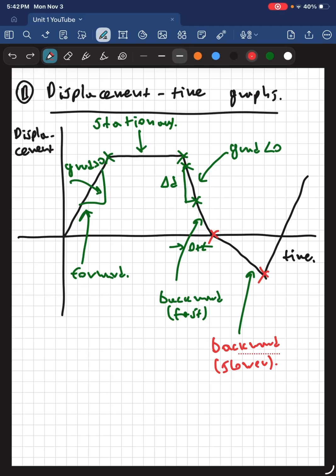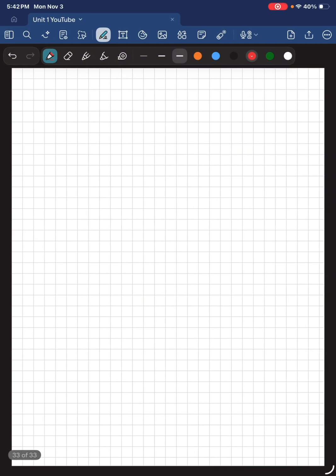So let's go to the graph we have at hand. Here the object moves forward now, and it's kind of fast. It's a steep slope, so let's call it fast. Now remember, this is the displacement versus time graph, so the gradient is now the velocity, not the speed.